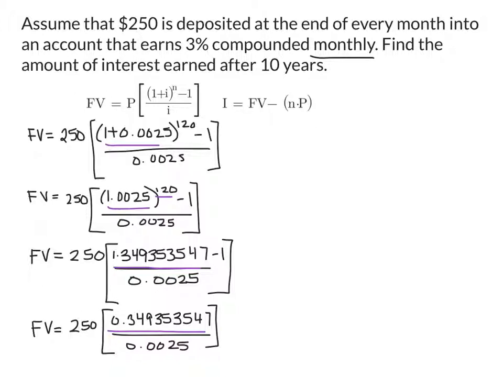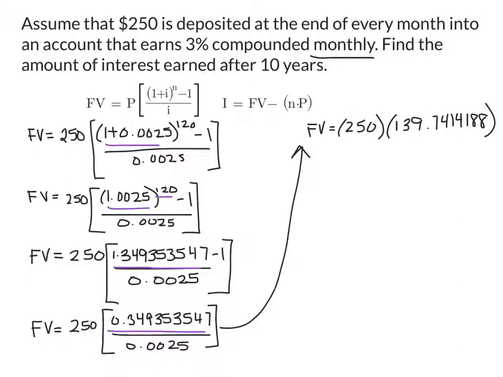0.349353554. So you can keep those values in your calculator and then just perform the next calculation. That will save you from re-entering those long numbers in your calculator each time. So once we have this step, we're going to divide 0.349353547 by 0.0025.